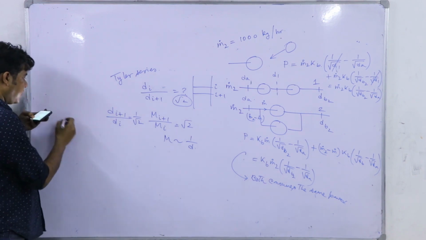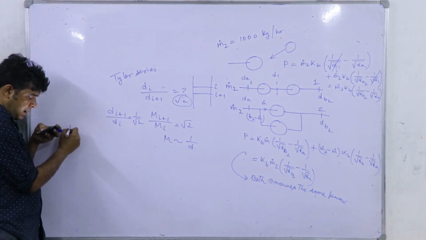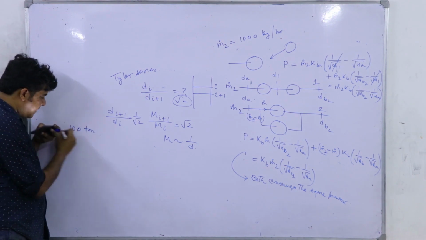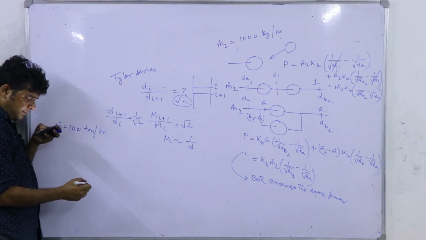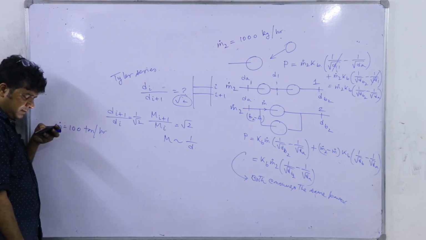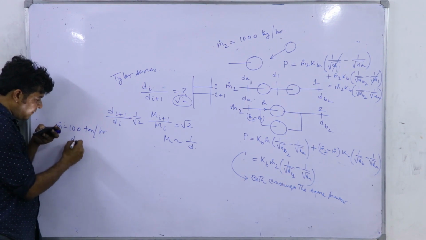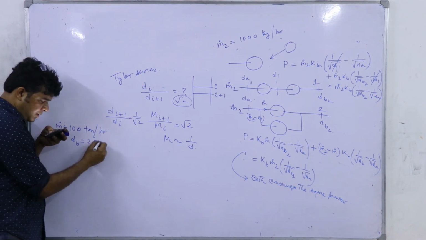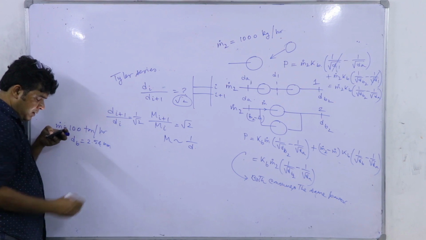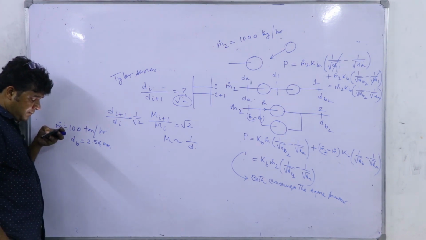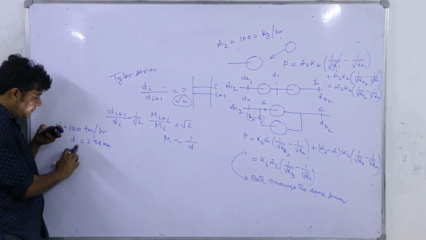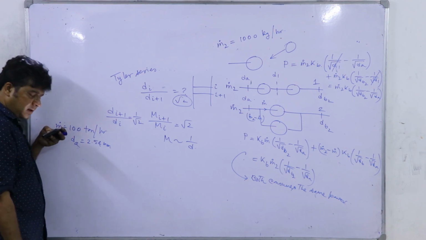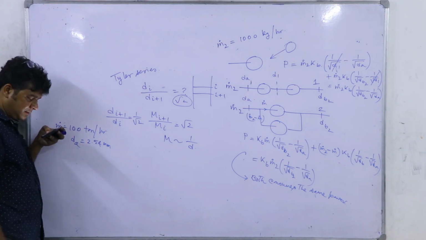See, m dot equal to 100 tons per hour of feed, of which 80% passes through a mesh size of, so dB equal to 2.54 millimeter. 100 tons of a rock feed of which 80% passes through a mesh size 2.54, sorry, this is basically dA. 80% size is passing, that means that is the size.